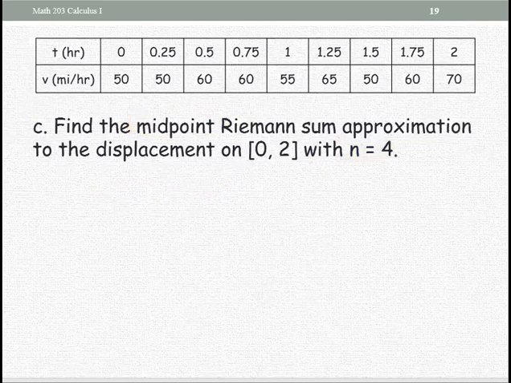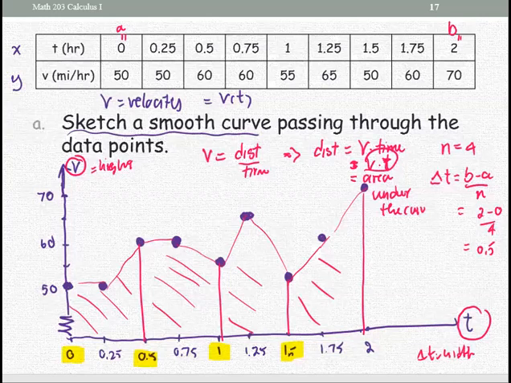And then for part C, just get ready for part C. In part C, we're going to use the midpoint from each subinterval. I'm going to use a different color. For the midpoints, they're going to be 0.25, 0.75, 1.25, and 1.75.